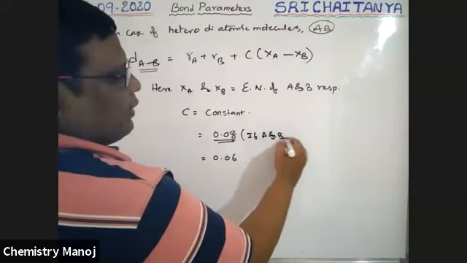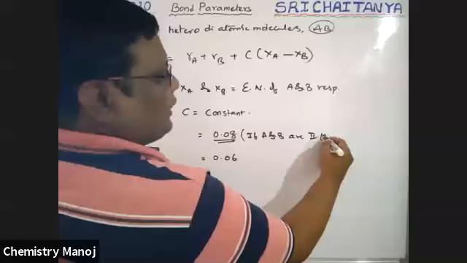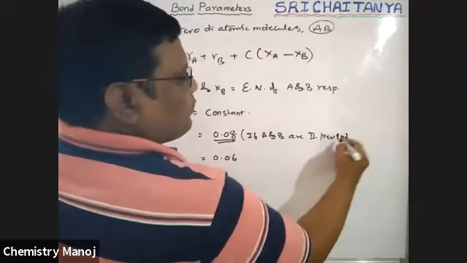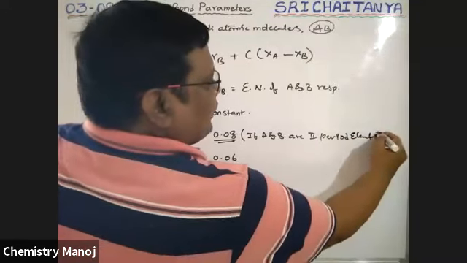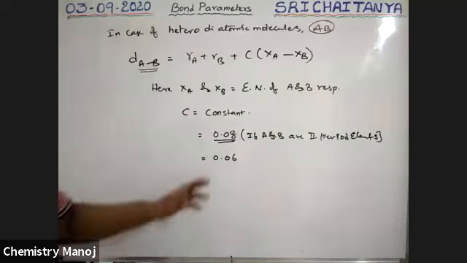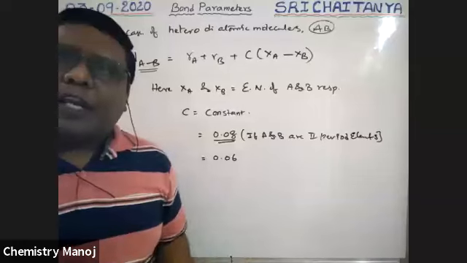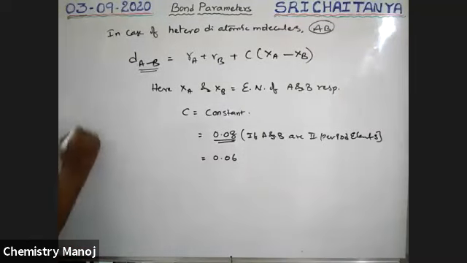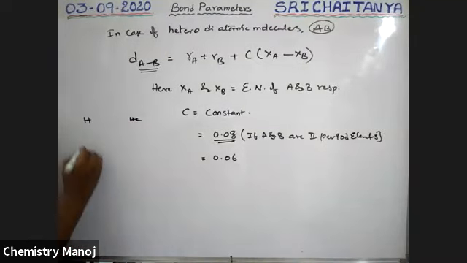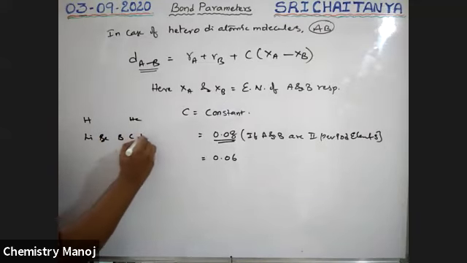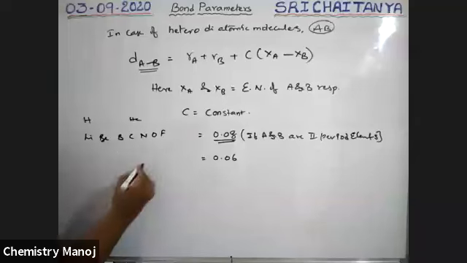If A and B are second period elements, then use the value C as 0.08. What are those second period elements? See boys, hydrogen and helium are the first period elements. Second period: lithium, beryllium, boron, carbon, nitrogen, oxygen, fluorine, neon.